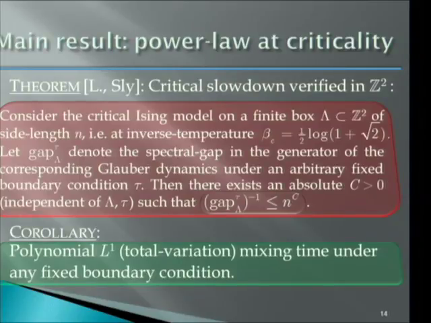Okay, so we have polynomial inverse gap at criticality, and as a corollary, we also have a polynomial L1 mixing, because it can always be a factor of n away, log the size of the system, right?